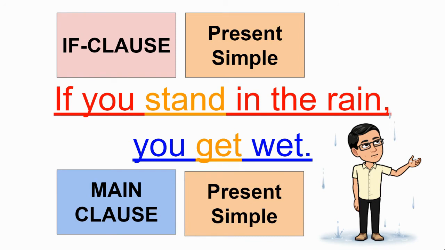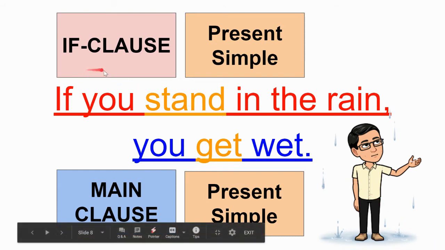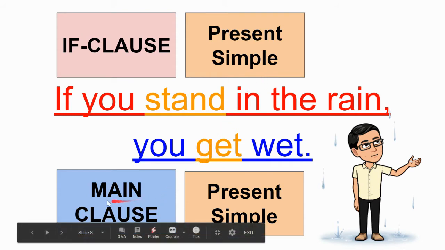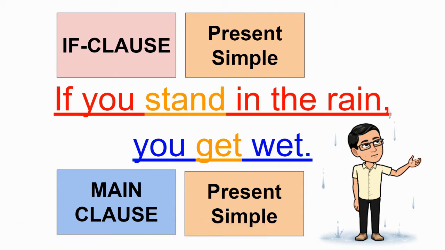Here is the formula in writing zero conditional: if clause, and the verb must be in the present simple tense, plus the main clause, and the verb must be in the present simple tense. Is that clear? Very good.